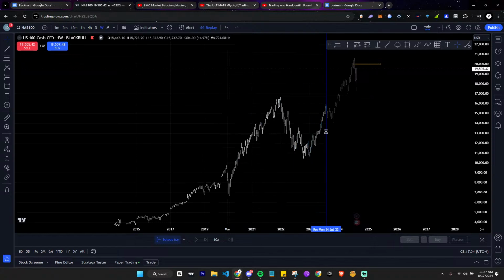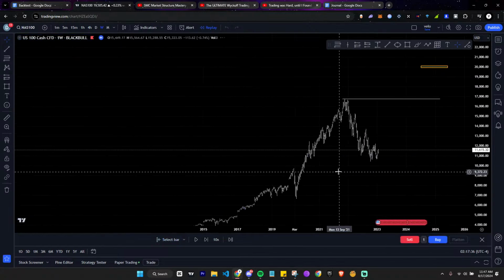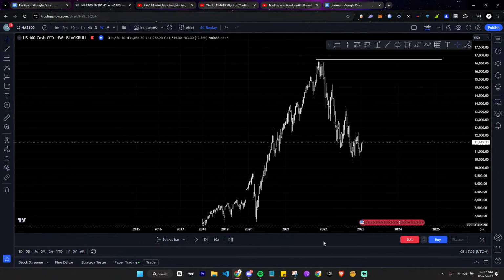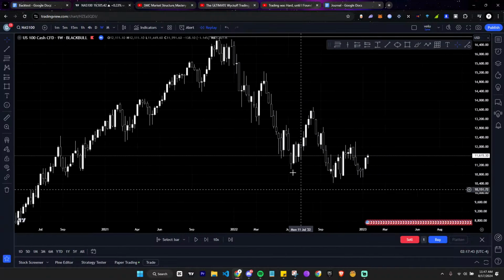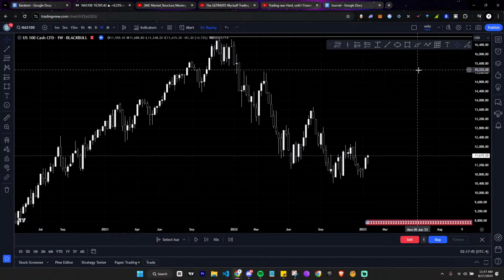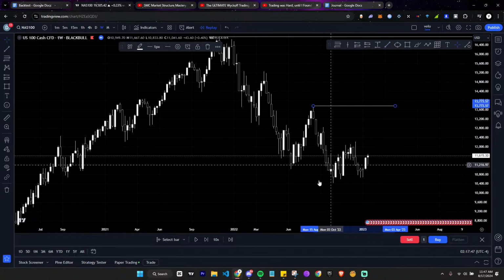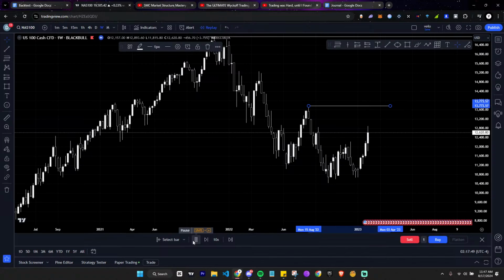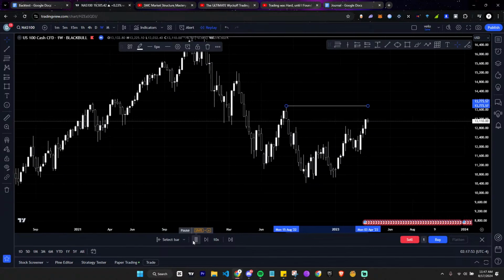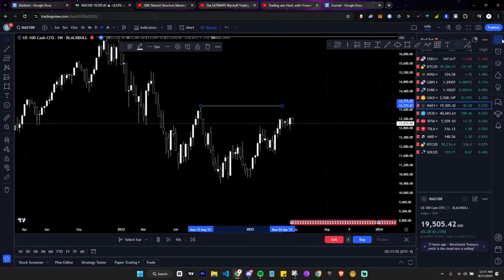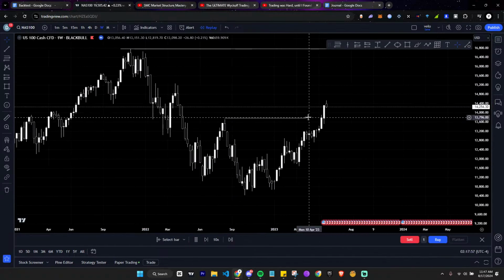Let's go to this point. Alright, so we can see that this was a manipulation in price. We have a bunch of breaker structures towards the downside. So this internal term high, if it gets broken, I'm expecting a reversal. Looks like this thing is trying to break the... There we go.